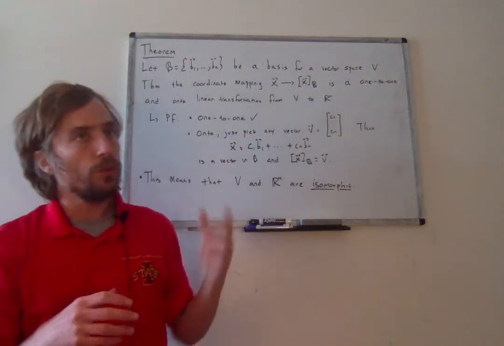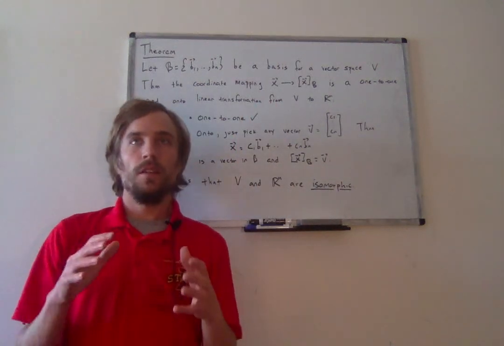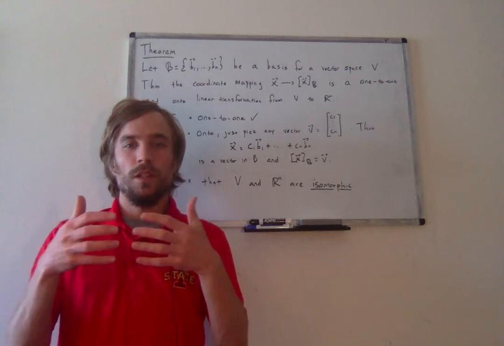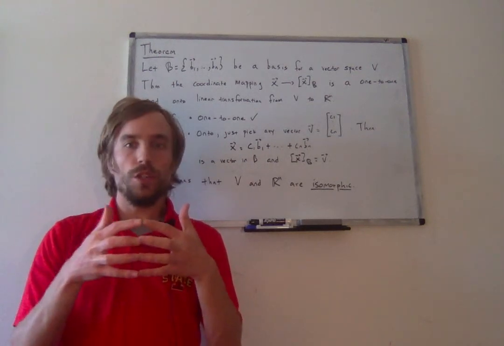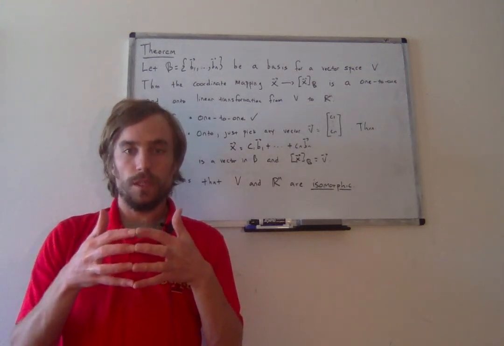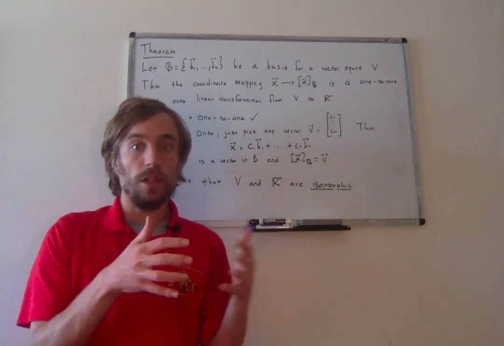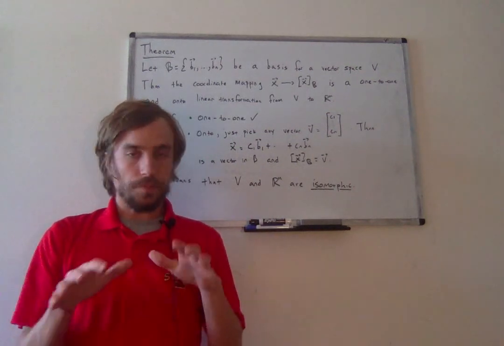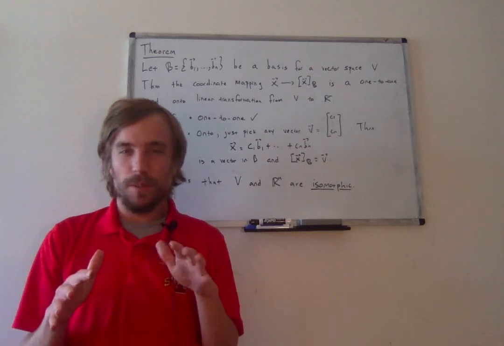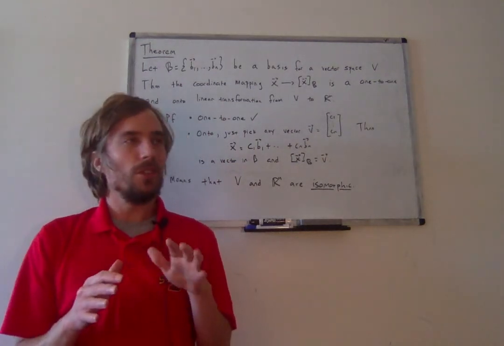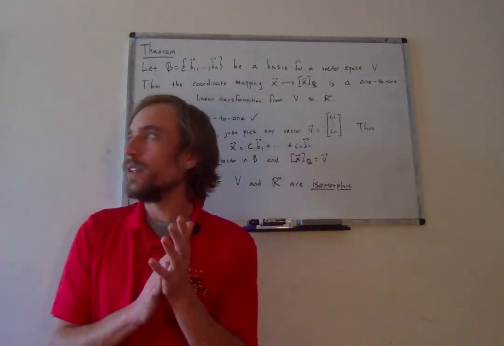You can kind of think of one-to-one and onto as meaning they have the same number of elements, because we can find this one-to-one correspondence between their elements, but that's a little inaccurate since they're infinite spaces.